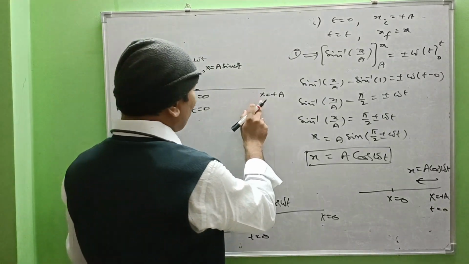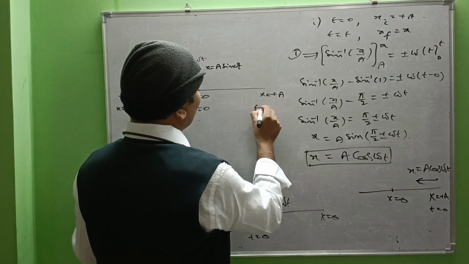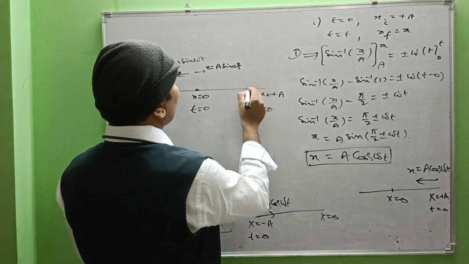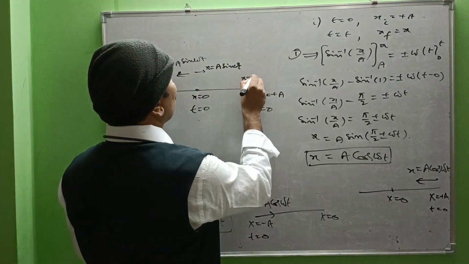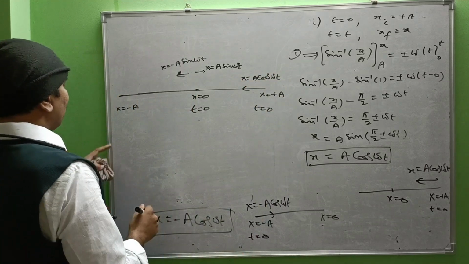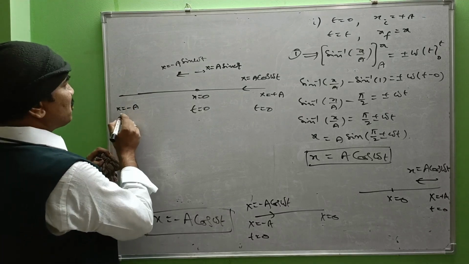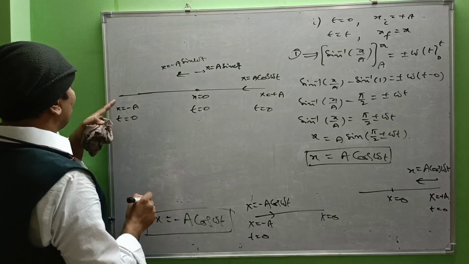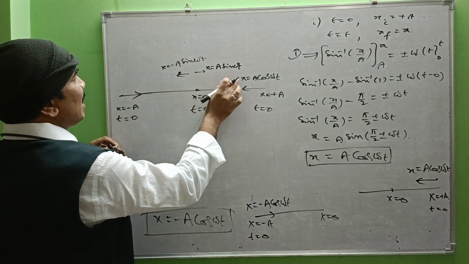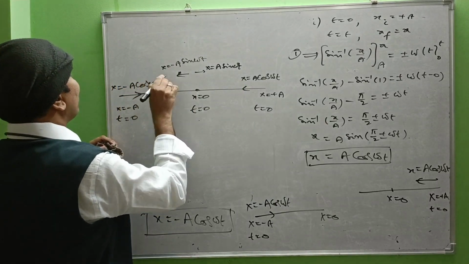Suppose a particle is initially found at the right extreme position. Now what is the valid expression here? x equal to a cos omega t. If the particle was initially found at the negative extreme position, when t equal to 0, and it tries to move rightwards, then the valid expression is x equal to minus a cos omega t.